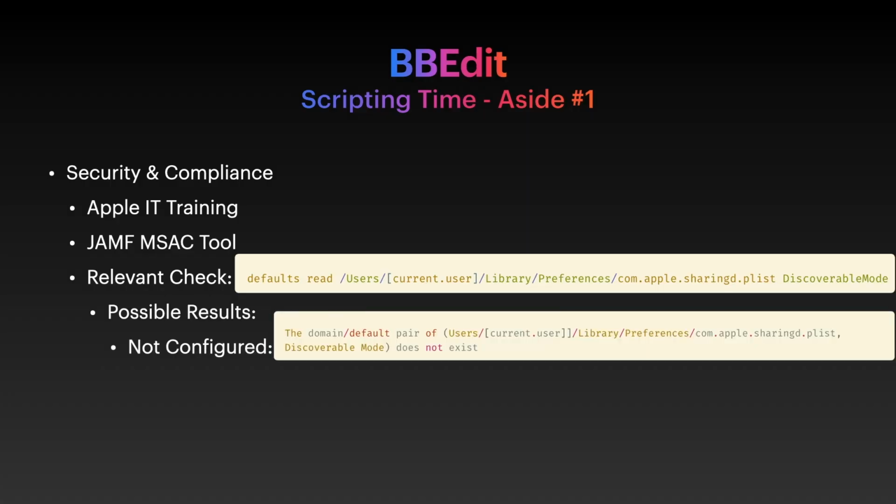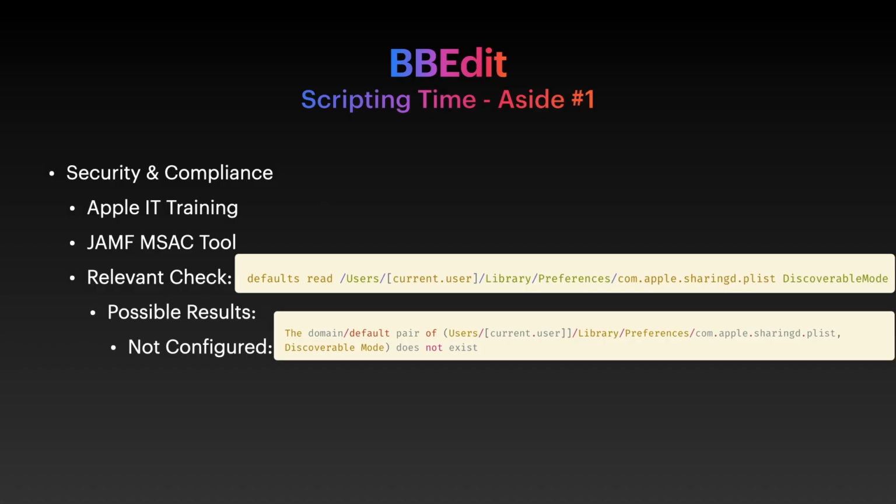Okay, so if we take this check and plug it into Terminal directly, we'll get a few possible results. The first would be not configured. So if we actually did users/bracket current.user, blah, blah, blah, blah, we're absolutely going to get not configured because that user doesn't exist, right?